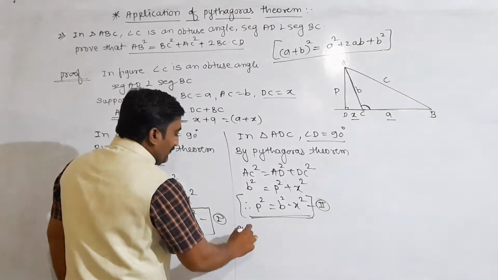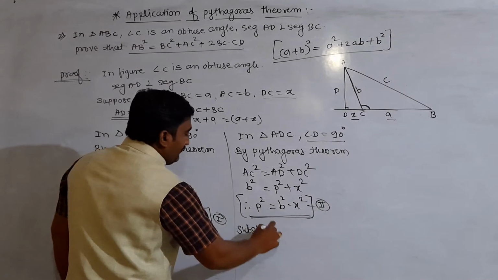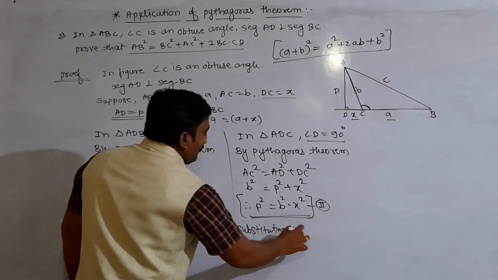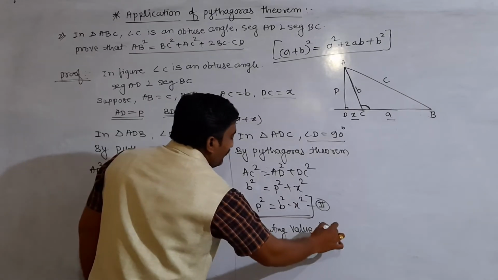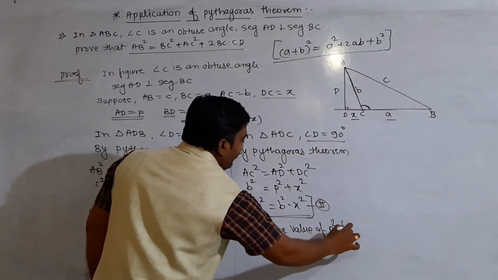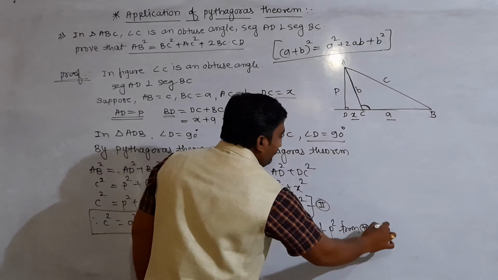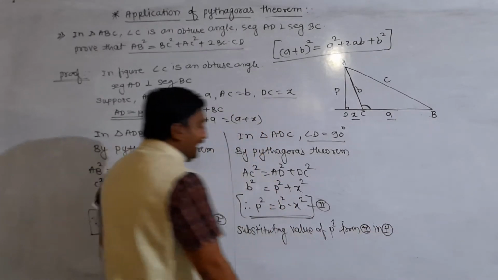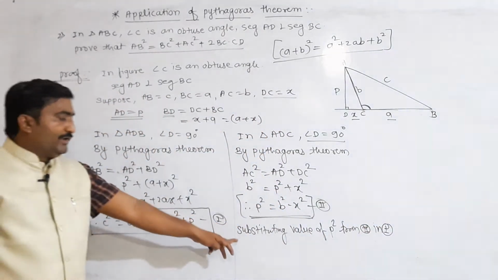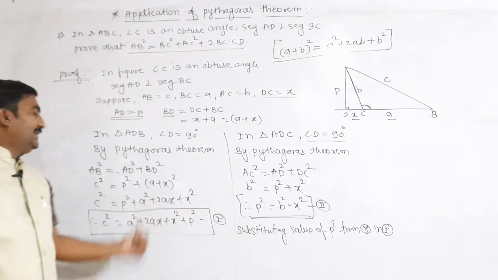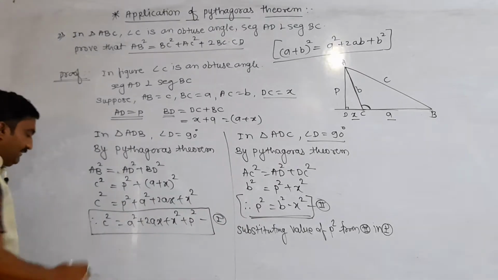Then substituting the value of p square from second in first. या ठिकाणी सेकंड इक्वेशनवरून पी स्क्वेअरची व्हॅल्यू घ्या आणि ती इक्वेशन फर्स्टमध्ये ठेवा.